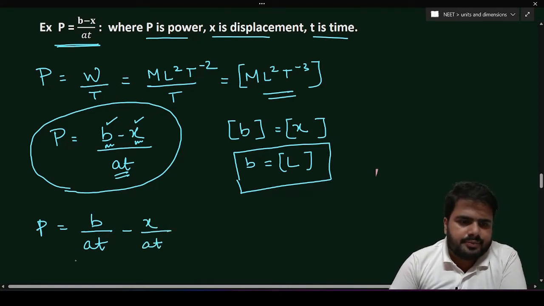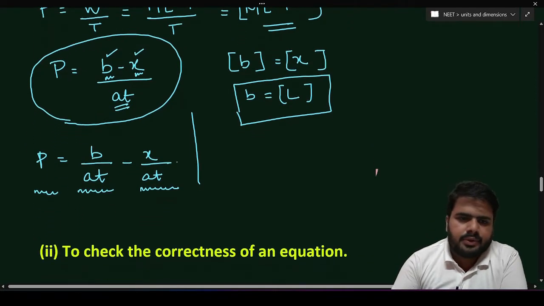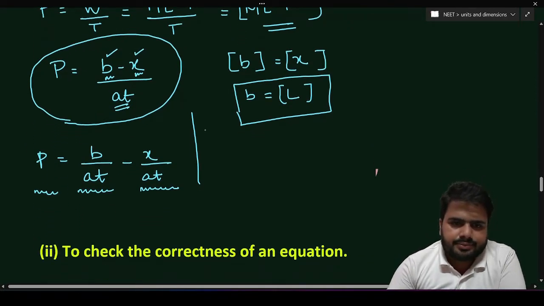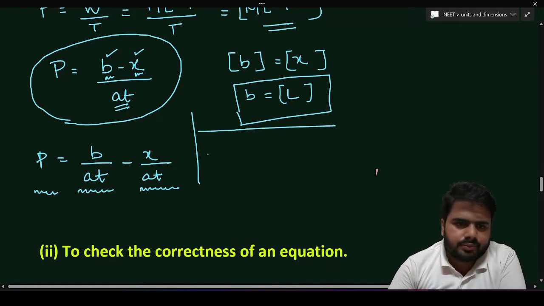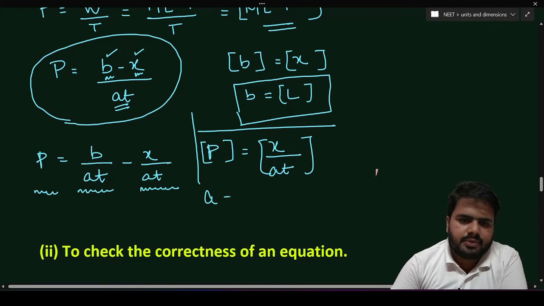So now you see, B by AT, this term is subtracted from X by AT and the result is X. So you can write it as, the dimension of power P is equal to the dimension of X by AT. Clear? So the dimension of A will be how much? It will be P into T upon X.